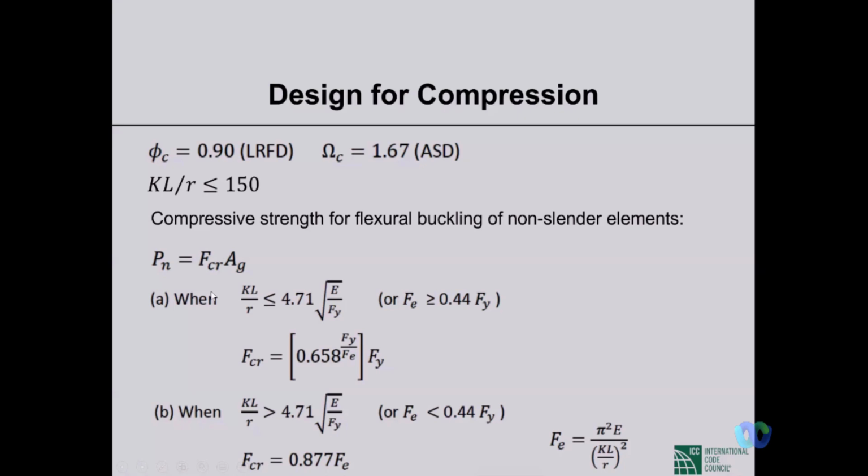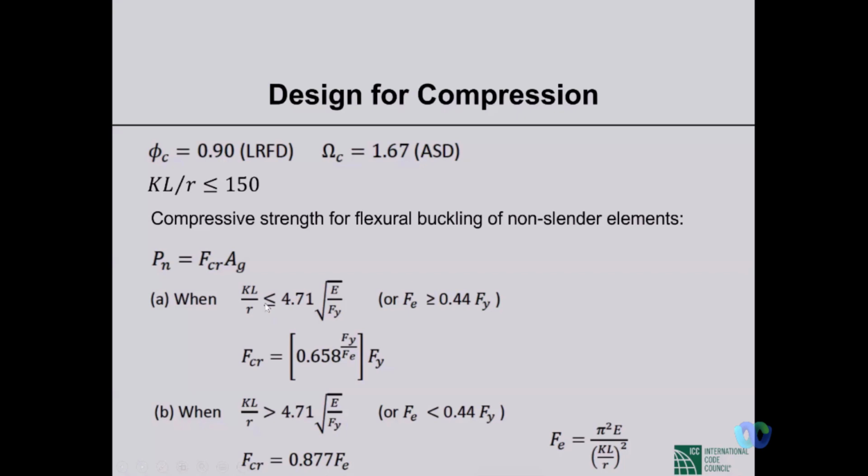a critical stress. Since we talk about buckling, we talk about critical stress. Critical stress times the gross cross-section, and we calculate the nominal strength. Now, for this Fcr, there are two different cases and two different formulas, and they depend on the slenderness ratio.